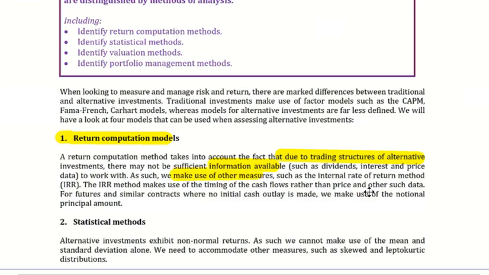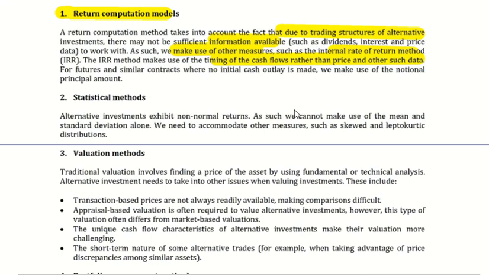A very commonly used measure, particularly around the private equity space, is the internal rate of return method, which uses the timing of the cash flows as opposed to the price and other such data. We will talk a lot more about internal rates of return as we go forward.